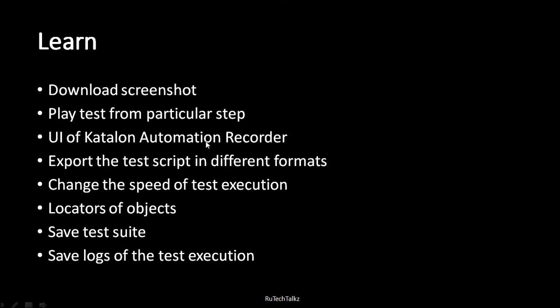Then we have learned how to download the screenshot, how to play the test from a particular step. We have seen the UI of the Katalon Automation Recorder, and how to export the test script in different formats. We have also learned about changing the speed of test execution, locators of the objects, how to save the test suite, and how to save the logs of the test execution.